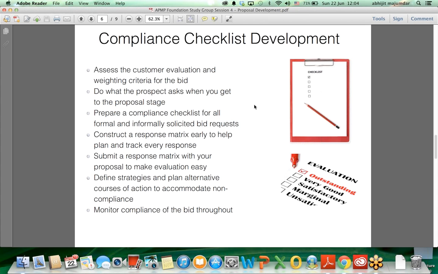In case of an informal bid, you can still prepare compliances and validate them with your customer. Say the customer is asking for a data security engagement or data security proposal, and the customer has not laid down any compliance requirement.